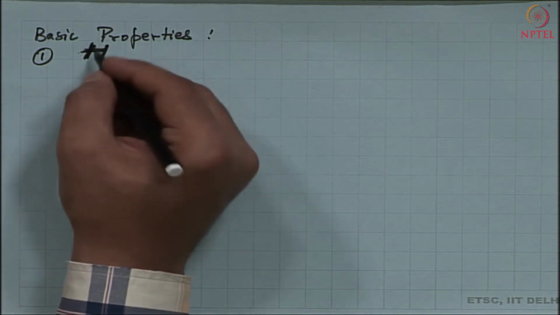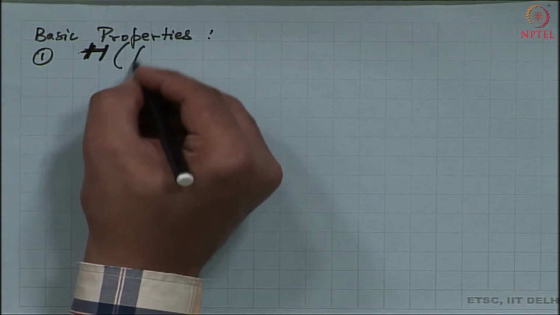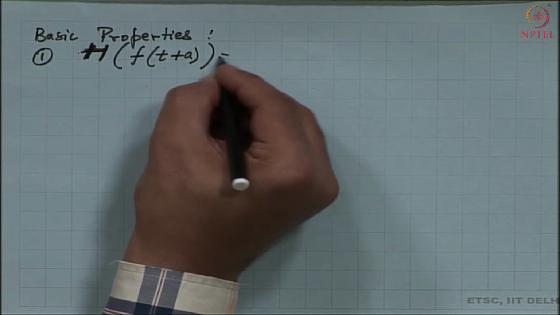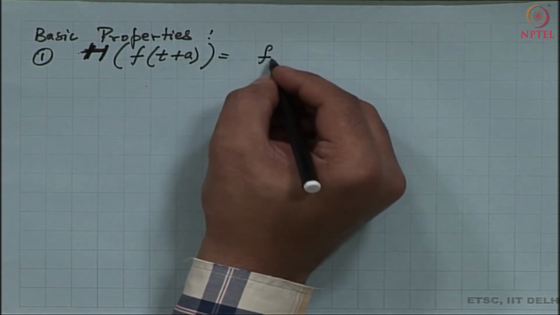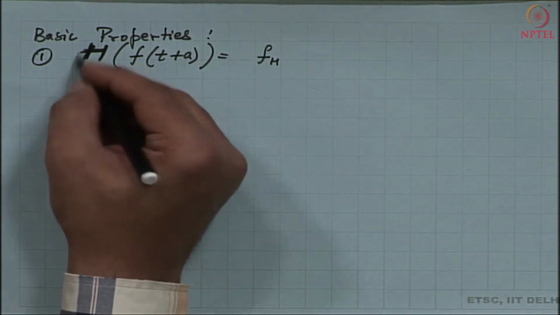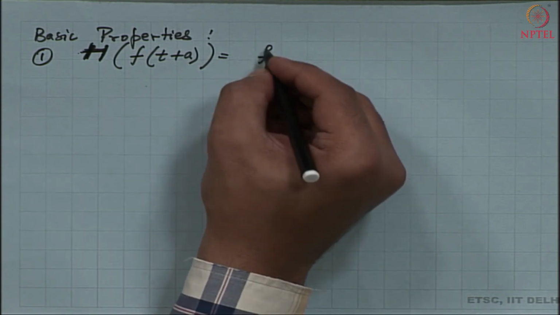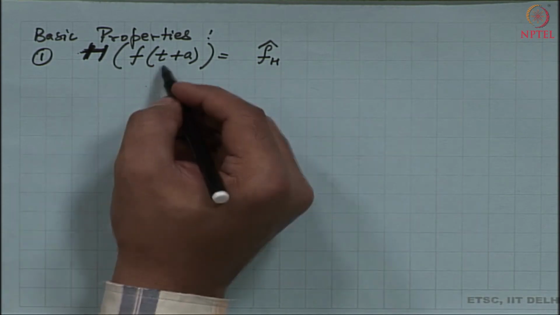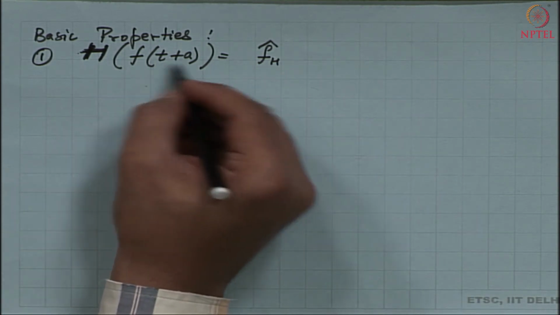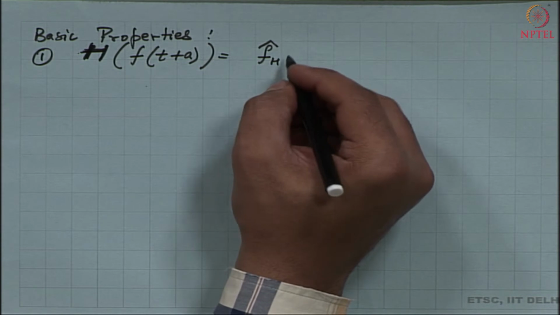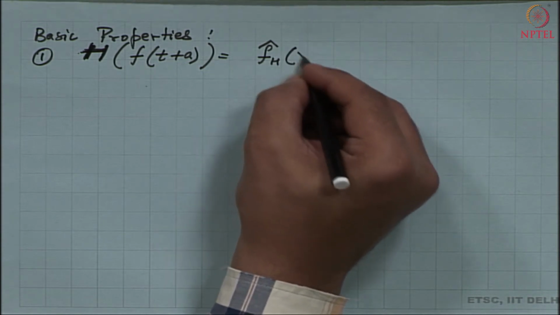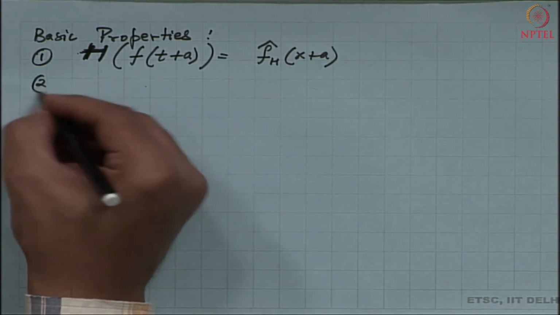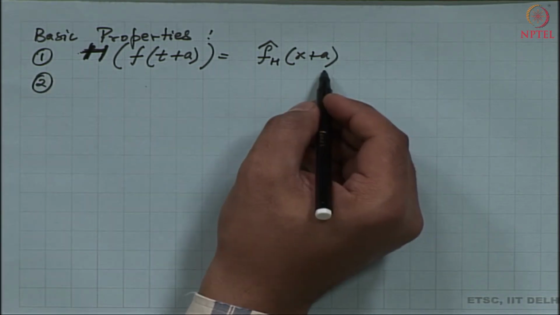The Hilbert transform of the function evaluated at t plus a is f hat h of x plus a. Either I use this capital H or this hat with a subscript h; these mean the same thing. This is the shifting property.